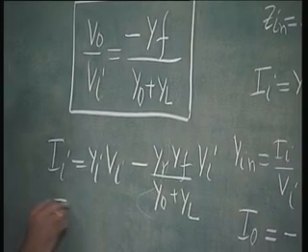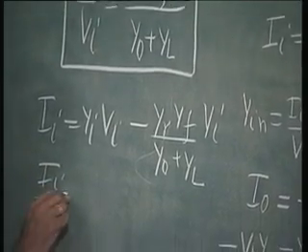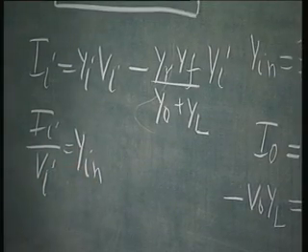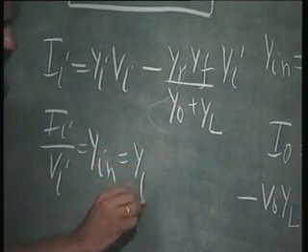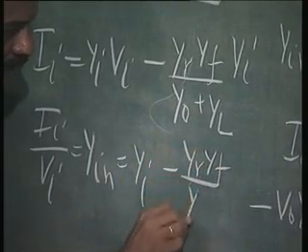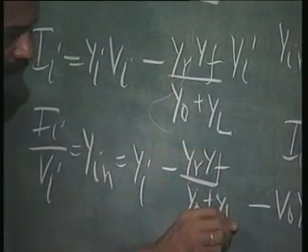So now we get Ii by Vi, which is nothing but the input admittance of the amplifier, equal to Yi minus Yr Yf by Y naught plus YL.